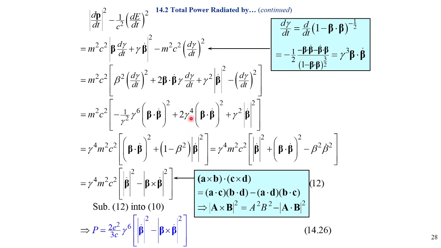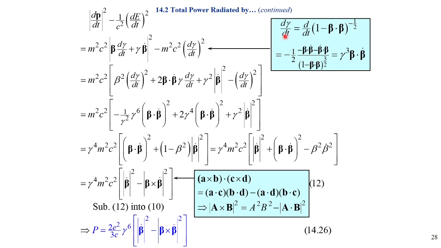Then we can simplify this one, because the beta squared minus 1 just equals minus 1 over gamma squared. So these two combine together into here. But remember, the gamma dt equals the dt, 1 minus beta dot beta square root.